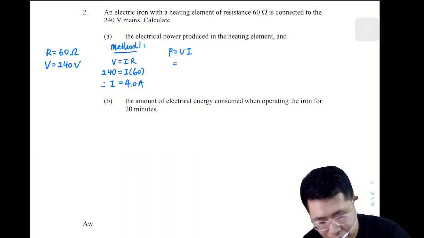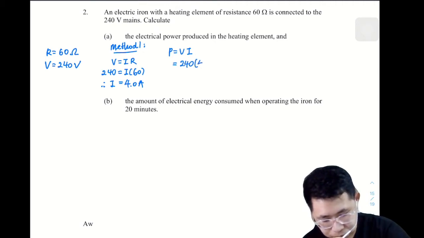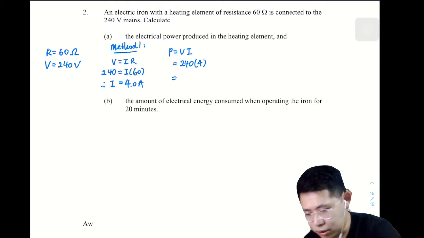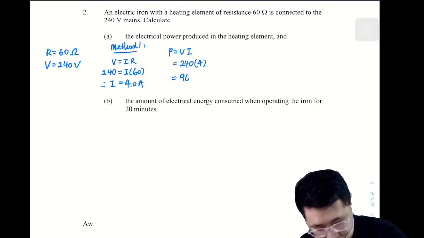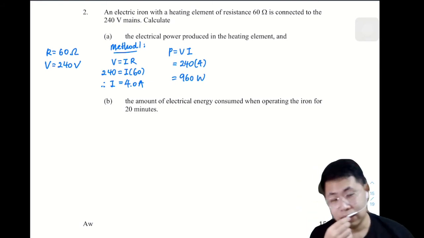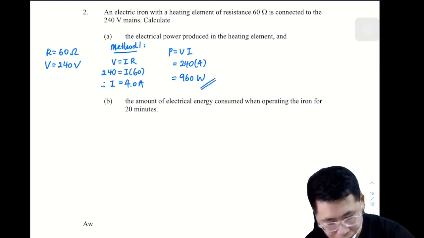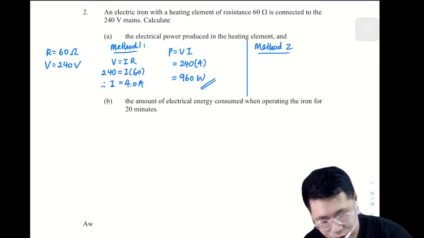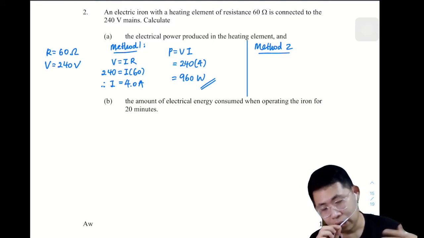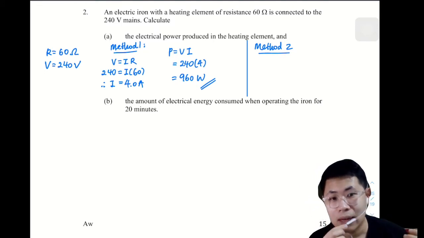So last but not least, power is 240 times 4. So I will get 960 watts over here. So that's method 1. Now method 2. Method 2 will use a very convenient formula that, if you are a bit hardworking, you can remember.